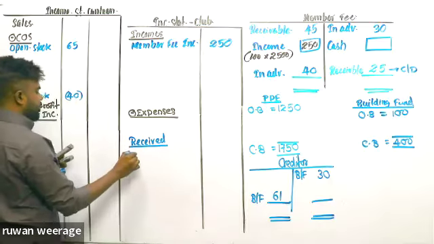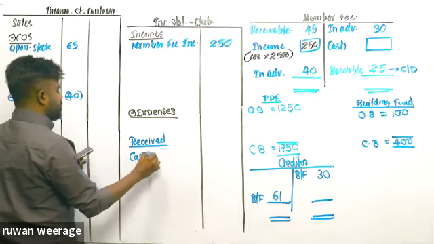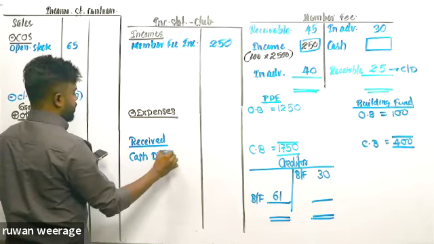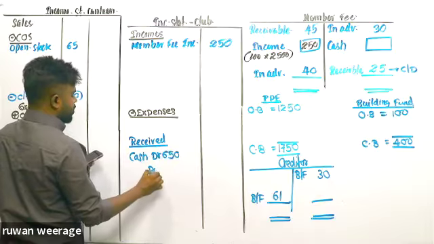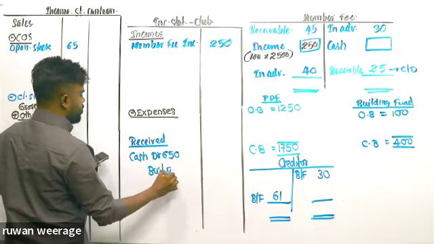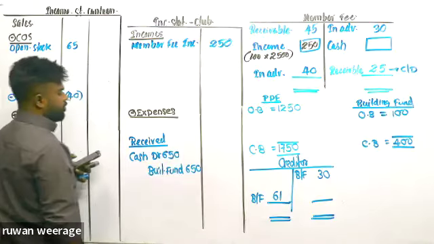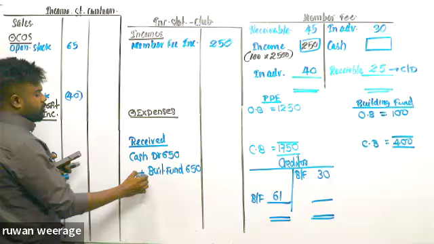What is the double entry? Cash debit 650, credited to which account? Building fund credit 650. Credit means added to the building fund.